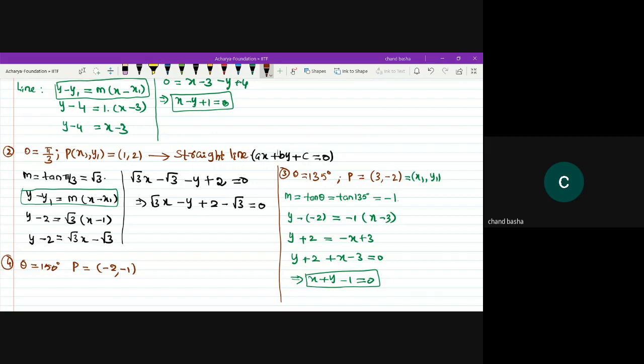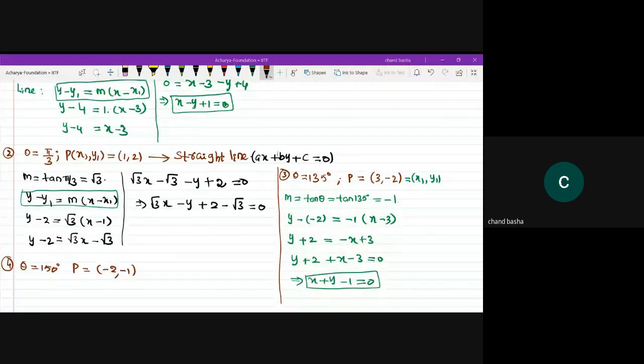Please be careful when we have the negative values. Yes, please make it fast.